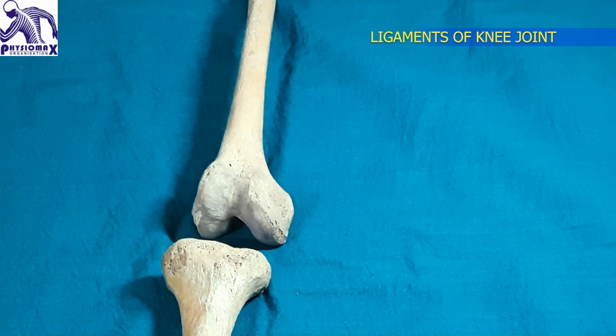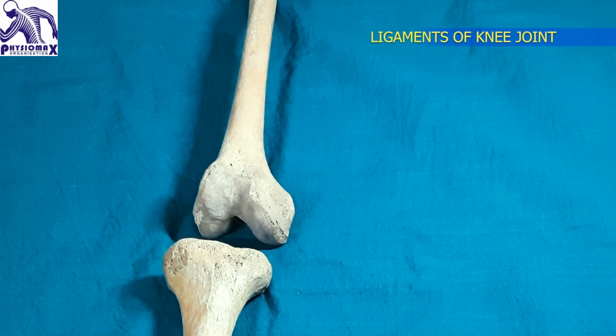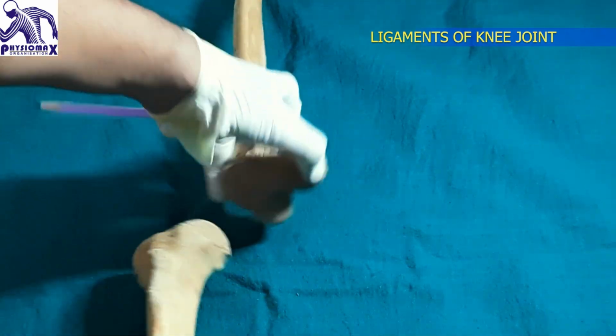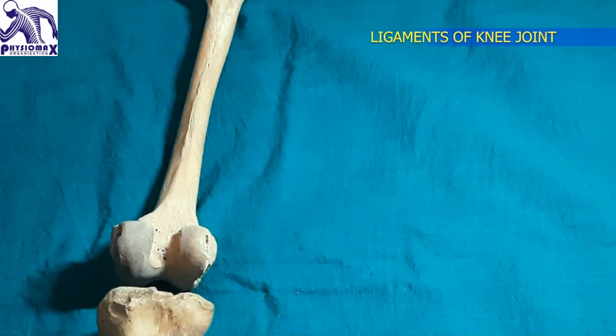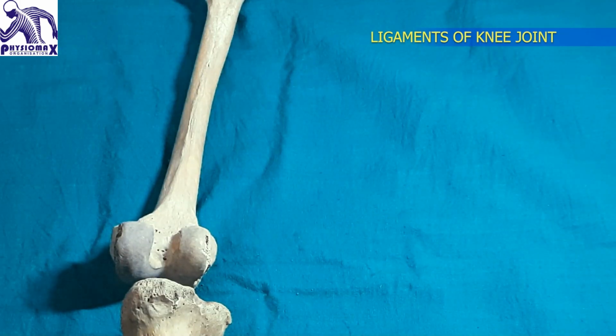But if during this injury there is a rotational activity, again the ligaments of the lateral side or the medial side might go for a sprain. Now, apart from the anterior cruciate ligament and posterior cruciate ligament, we have another very important ligament on the posterior aspect of the knee joint, and its name is the oblique popliteal ligament.